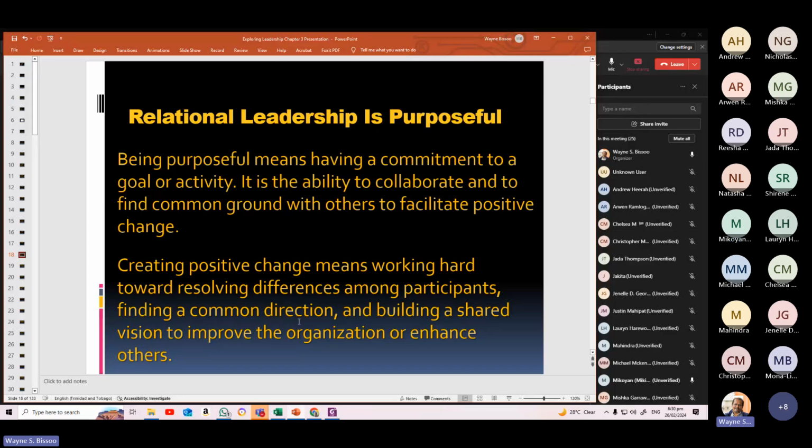All right. So moving along, relational leadership is purposeful, meaning that the leadership that you get, the activities that you get involved with should have some positive purpose that you are willing to work on or work towards.